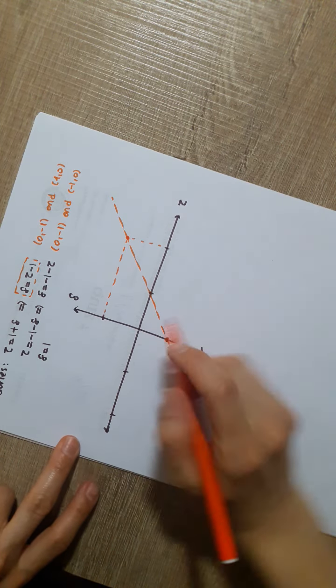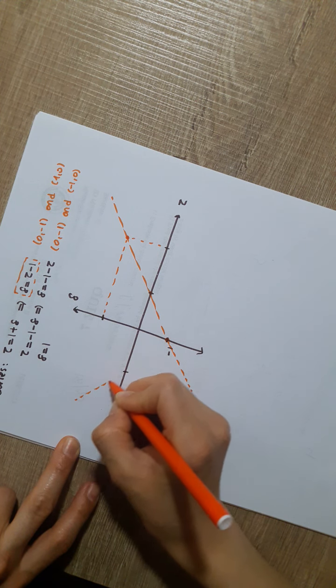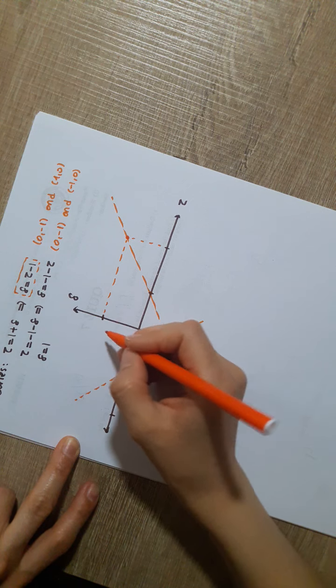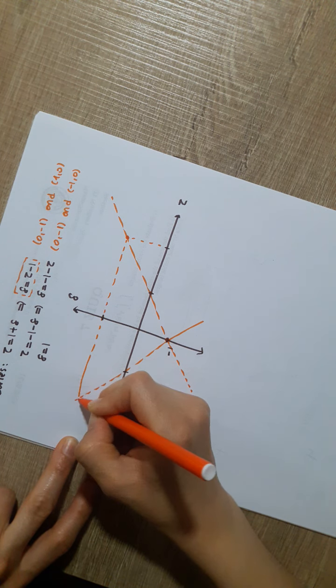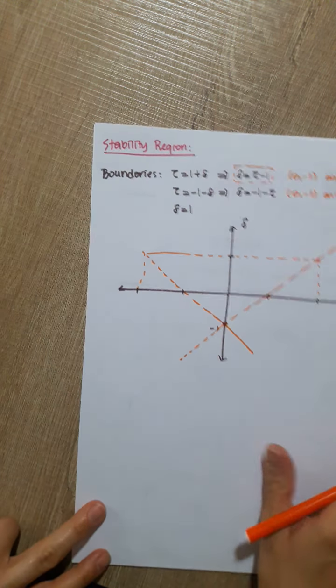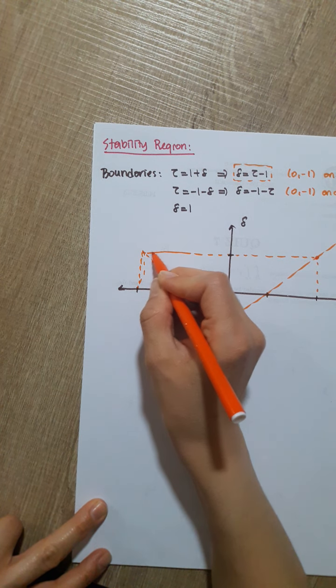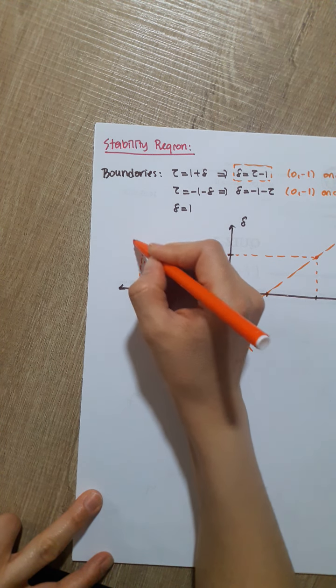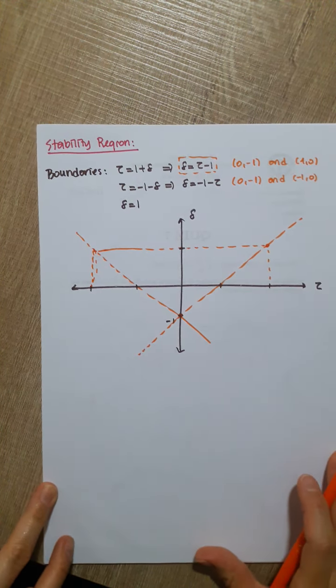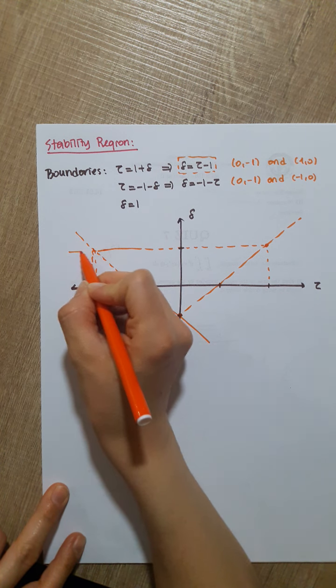So it passes from here to something like that. Again, it takes the value 1 when tau is minus 2. And this is delta equals 1.